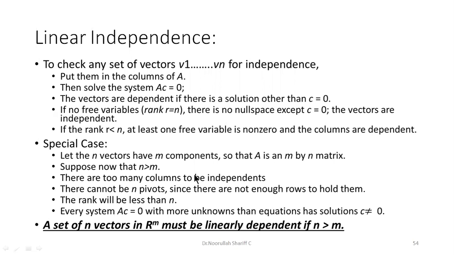So straight away one can say that if the number of vectors is greater than the dimensions within that vector, the number of rows within that vector, then naturally it will be dependent. So if n is greater than m, we need not even try to do all this.